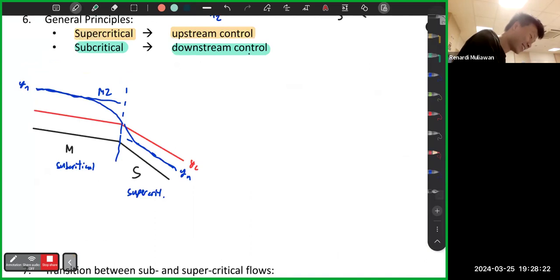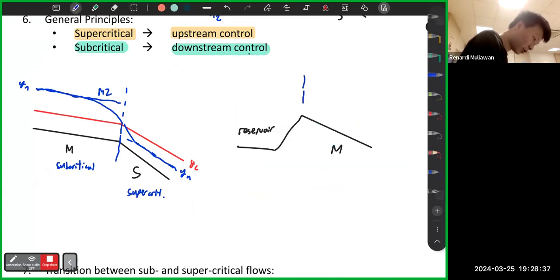Never mind this. Now let's say you have a reservoir. Let's say this is a mild slope. So this is the boundary, this is the critical depth. Reservoir like this.